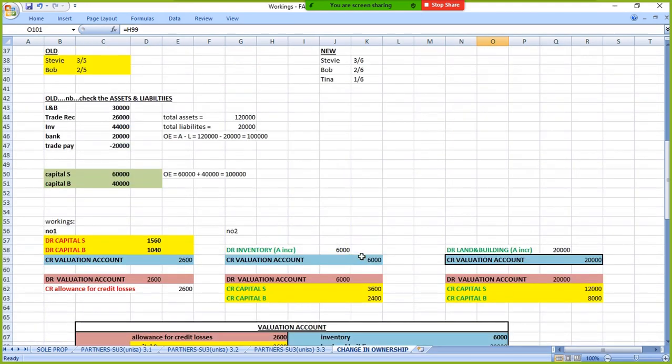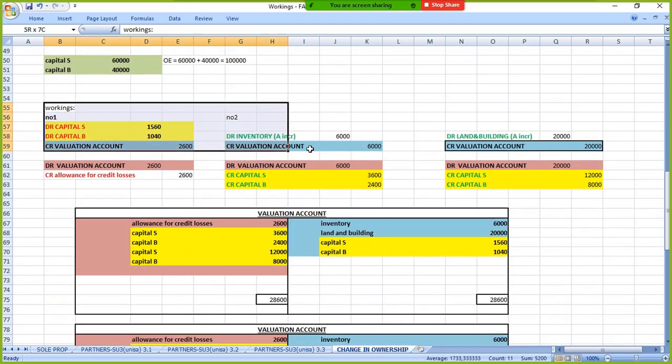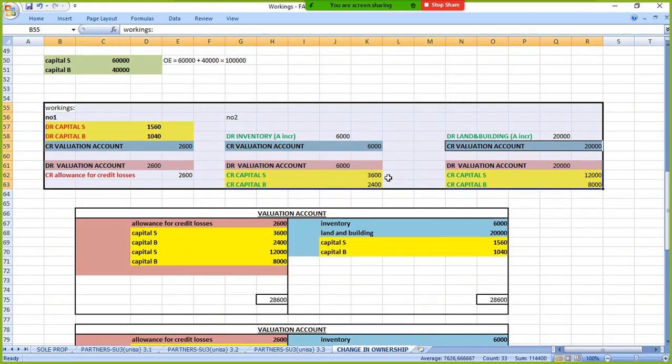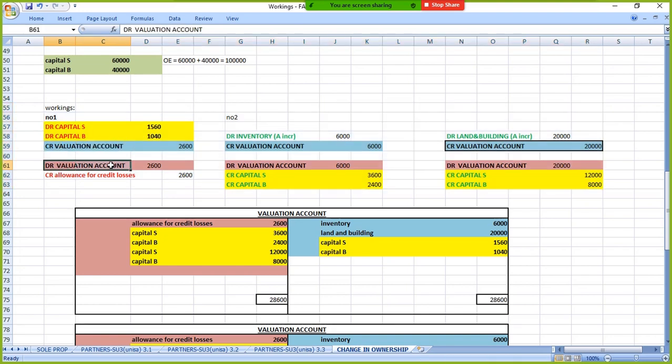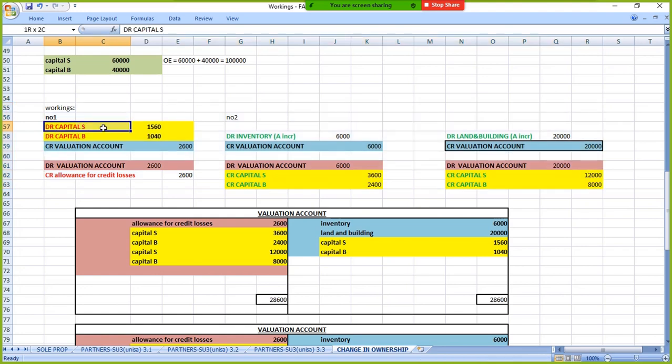Okay, good. All right, so keep these workings. You can use them in future. This is the key. That one slide that I had given you in the notes where you've got the debits and credits and I've highlighted the valuation account. That whole slide is just to show that the valuation account works itself out. So if you keep it simple, if you know what you're debiting and you know what you're crediting, you'll get it.